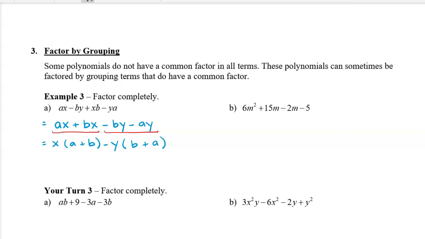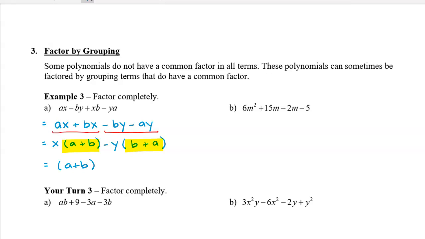So what we can see is now they both have the same factor here. They both have an a plus b. Okay, so now instead of this just being a monomial or a single letter, I'm going to factor out this whole a plus b. So I'm going to take that out. That will be a plus b.